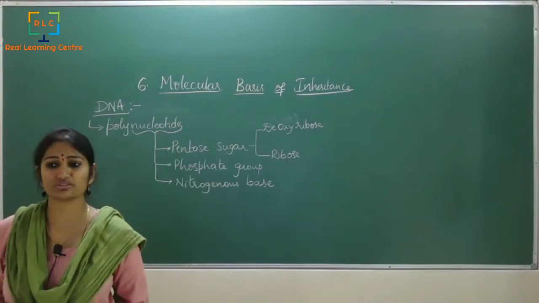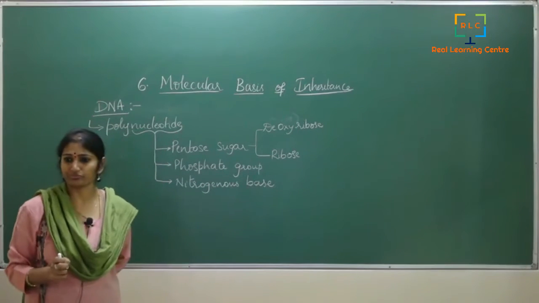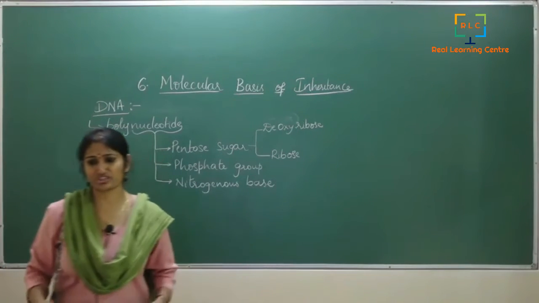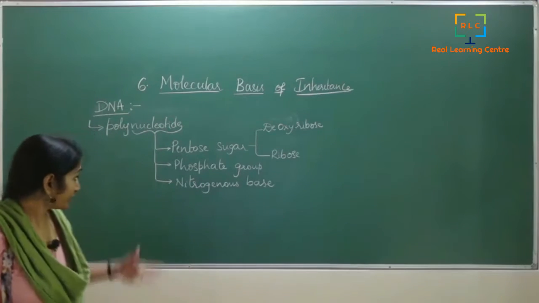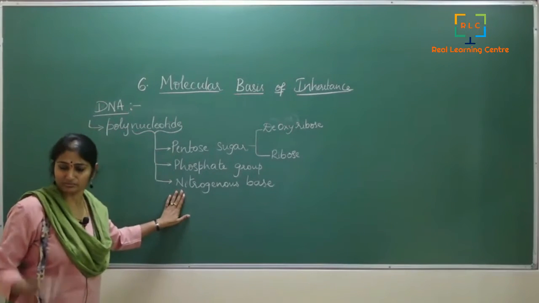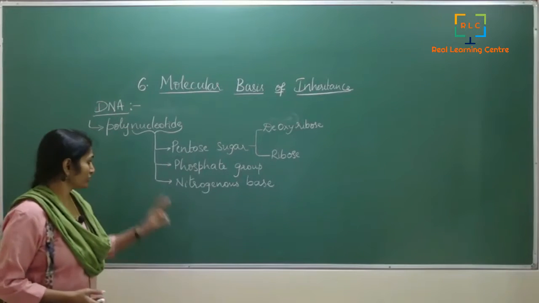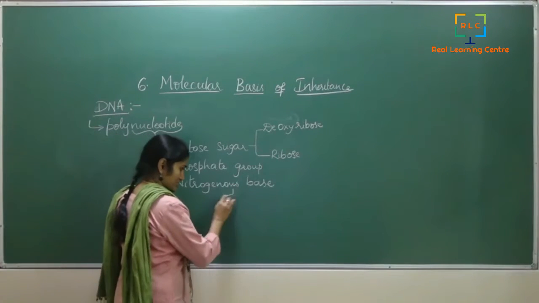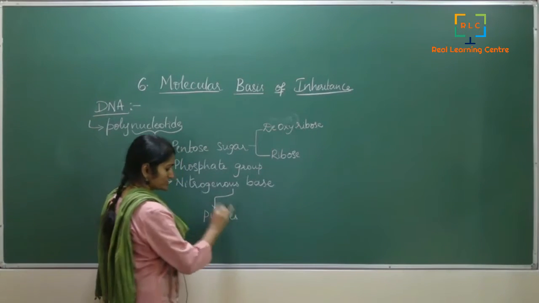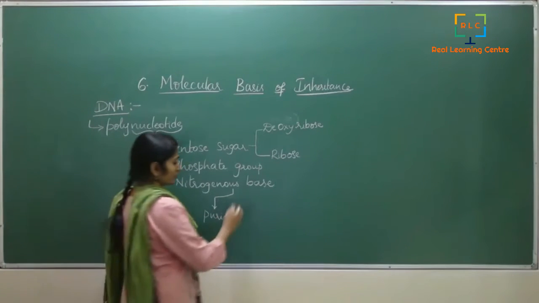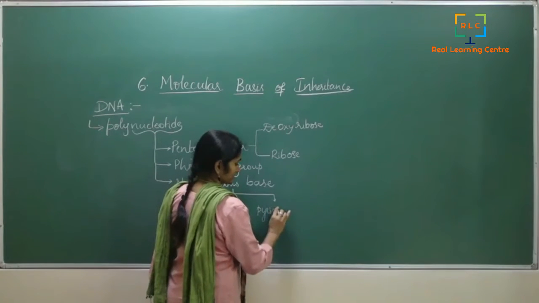A nitrogenous base is basically a ringed structure. It has nitrogen present in that ring, and we have two such types of bases. The first is called the purines, and the second is called the pyrimidines.